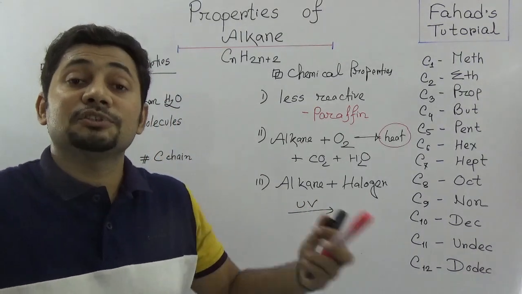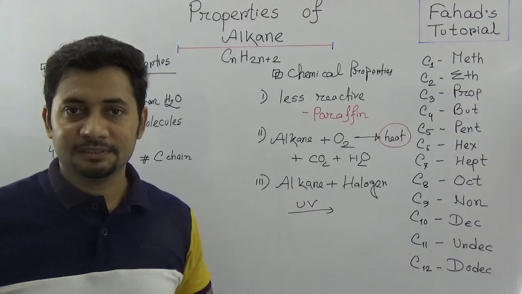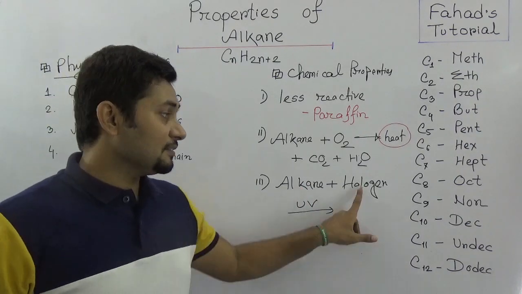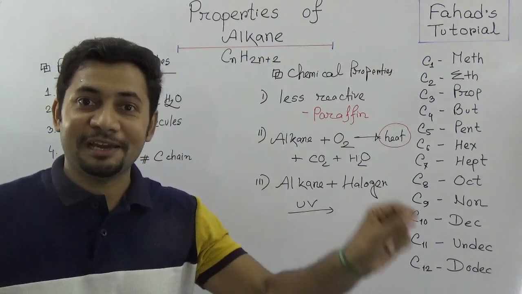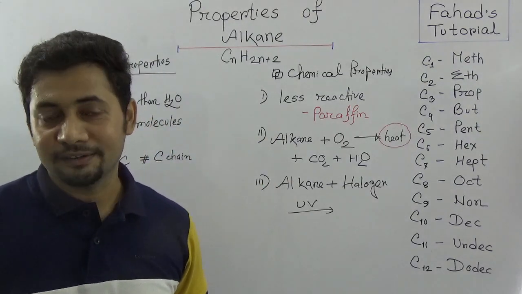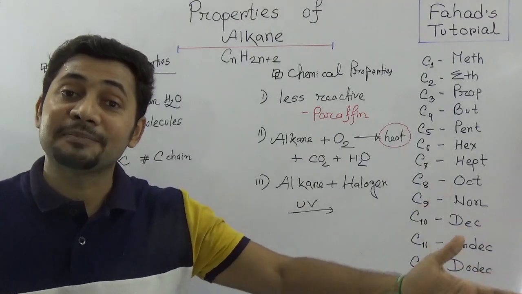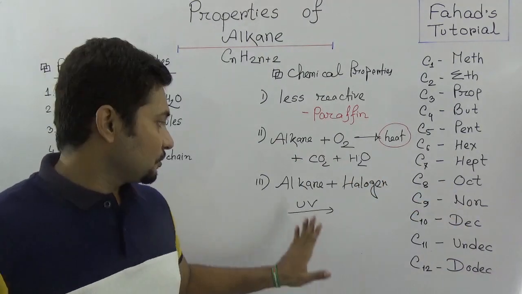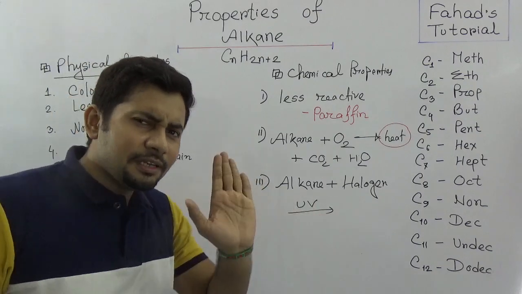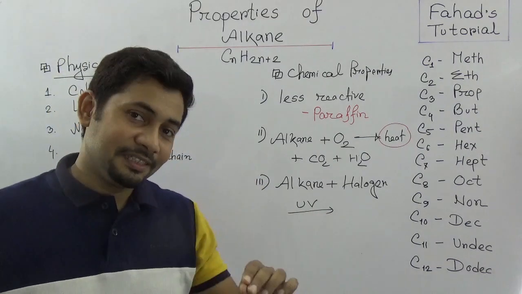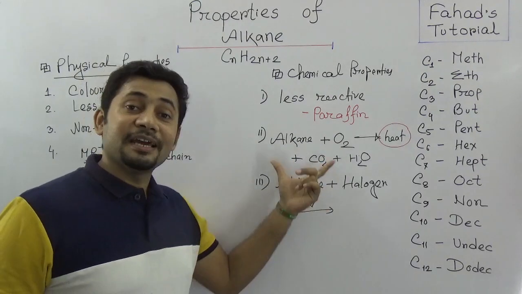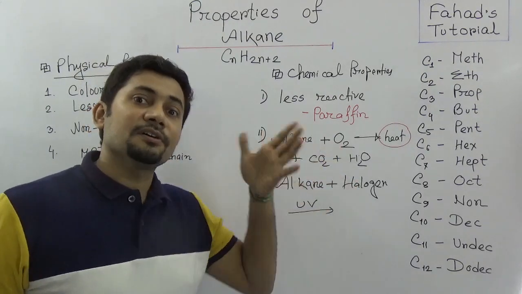And then some sort of substitution happens. That means halogens take the place of hydrogen each time in the presence of ultraviolet, and that substitution happens gradually. As for chemical properties, alkanes are usually less reactive, which is why they are called paraffins, but alkanes do have reactions like oxidation with oxygen.